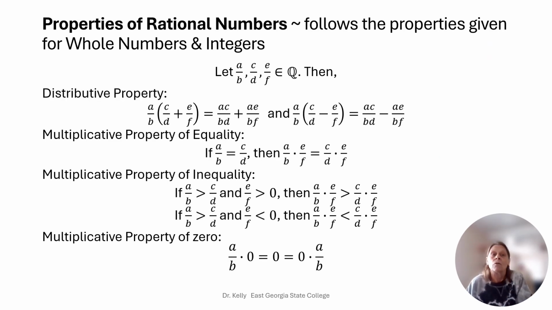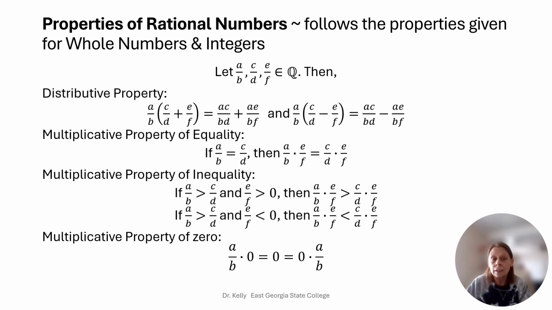Properties of rational numbers, the general properties, the commutative property, the associative property, those kinds of properties are still exactly the same. Same with the distributive property. I put a couple here for us to make note of.